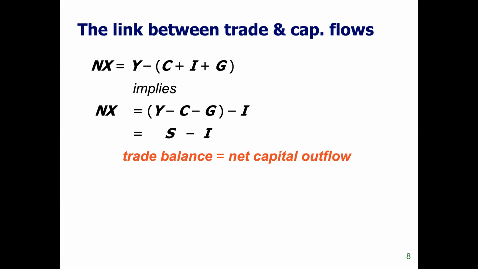Do they want to put it into US stocks and bonds? Do they want to put it in foreign stocks and bonds? How people choose to do their portfolios is going to affect the net capital outflow, which in turn affects the trade balance. But more on that later. At the moment, you can see that as an accounting matter, the trade balance equals net capital outflow. This is ironclad because it's a matter of accounting.